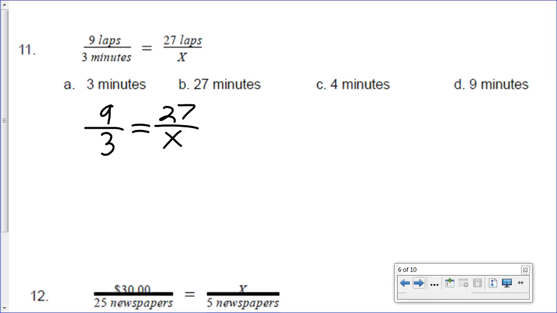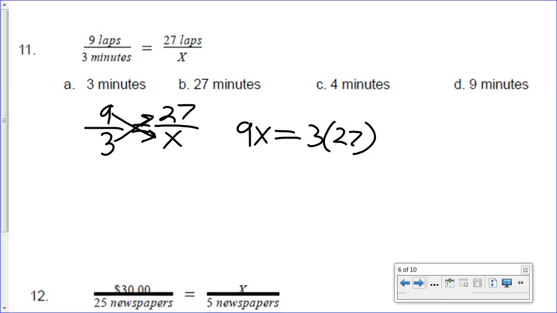Well, we know we can cross multiply. So we multiply the 9 times the x, 9 times x, and we set it equal to 3 times 27. Now we're looking for x. Once we know x, then we know the minutes.